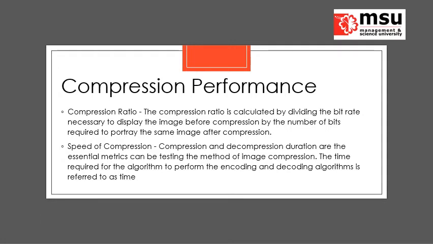Speed of compression. Compression and decompression duration are the essential metrics for testing the method of image compression. The time required for the algorithm to perform the encoding and decoding is referred to as the compression time.